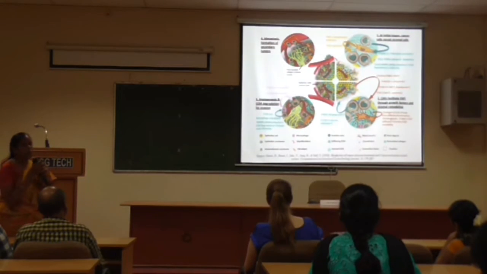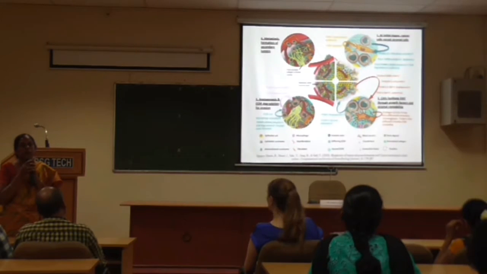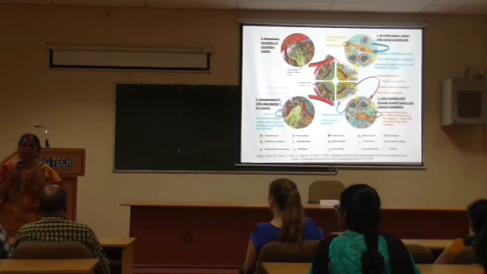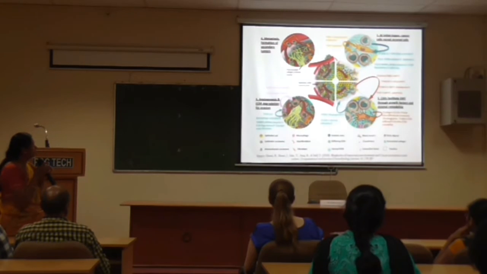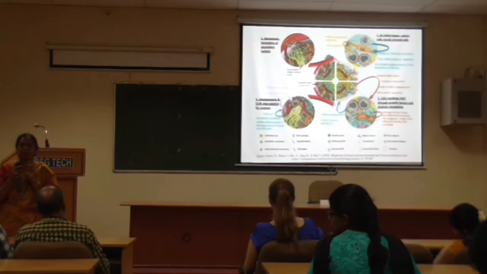CAF is cancer-associated fibroblasts, which mainly produce a lot of adhesion molecules, integrin molecules, etc., which help the cancer cells adhere to the surface and move through viscoelastic properties. Another important concept is angiogenesis, the development of new blood vessels and degradation of the extracellular matrix, which are associated with tumor progression and tumor metastasis.